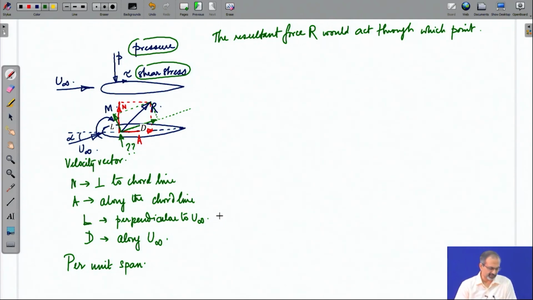The answer to this question is that the resultant force R has to be located such that it produces the same effect as the distributed pressure and shear stress.